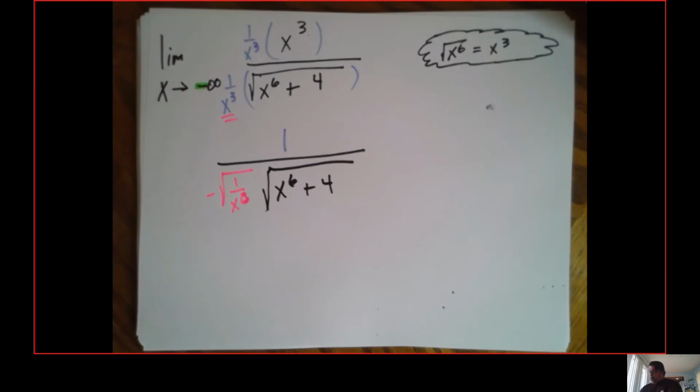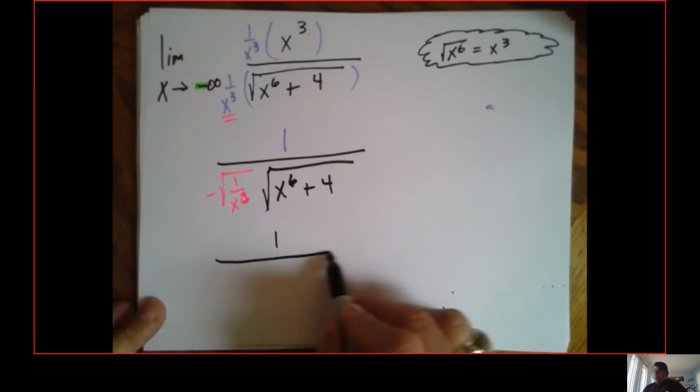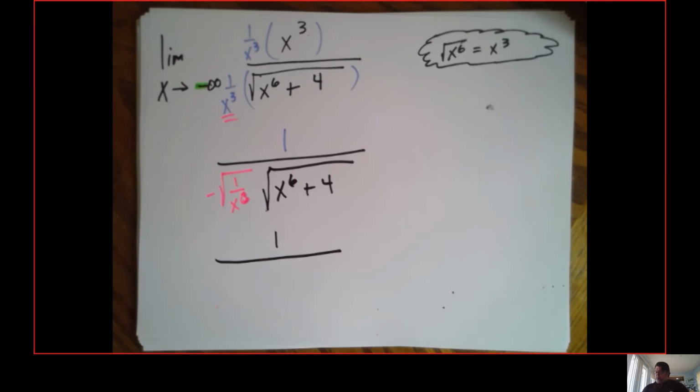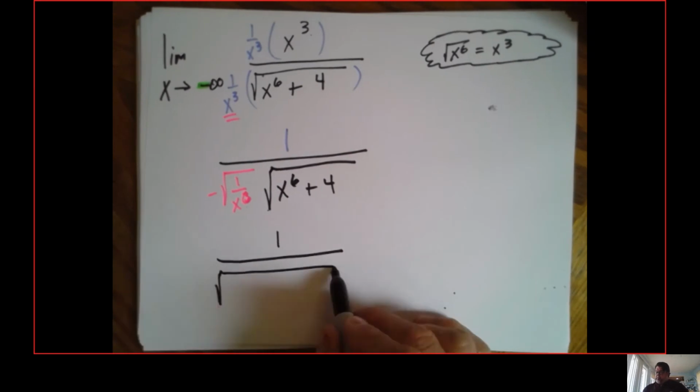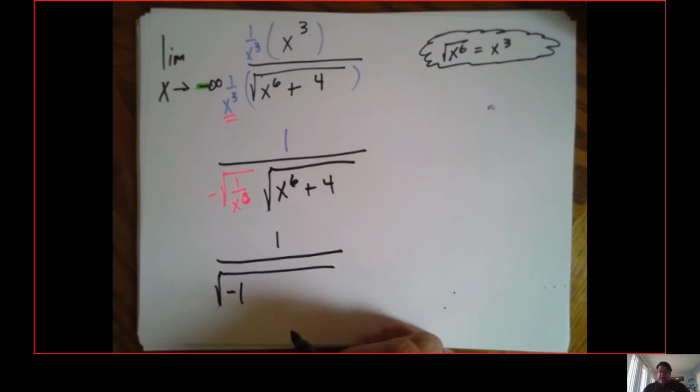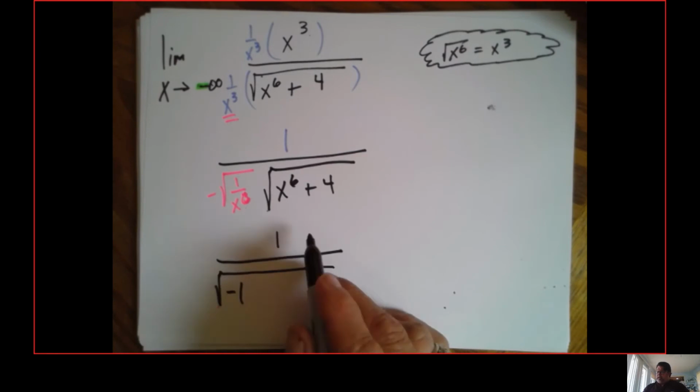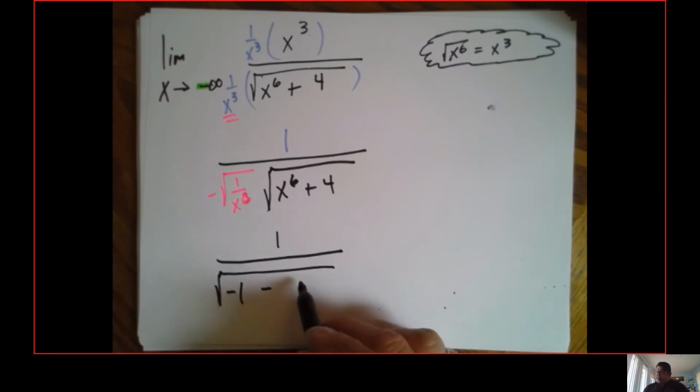And that's going to give me 1 over negative the square root of 1 plus 4 over x to the 6th.